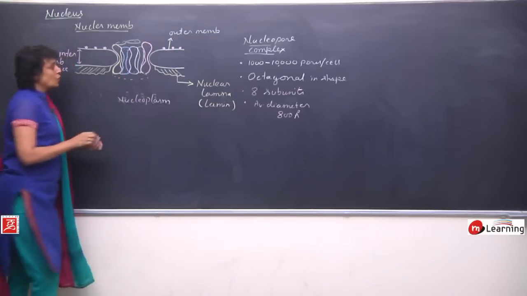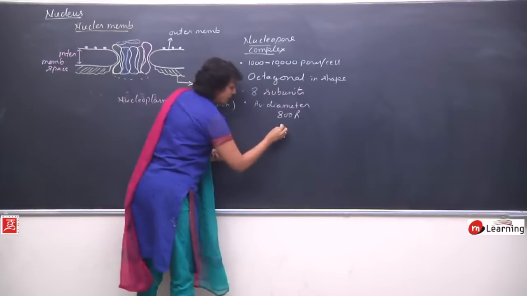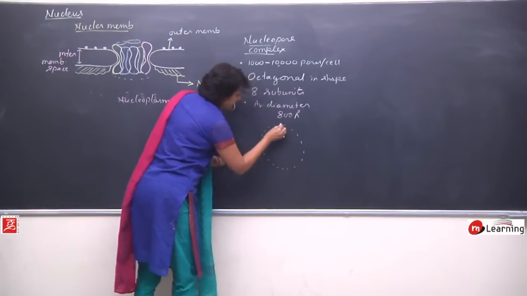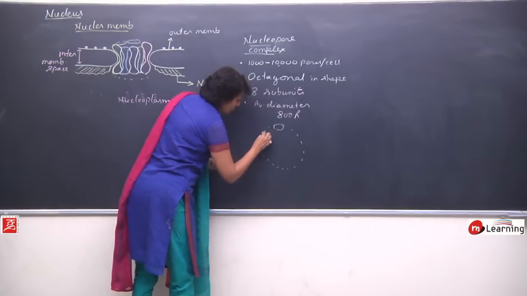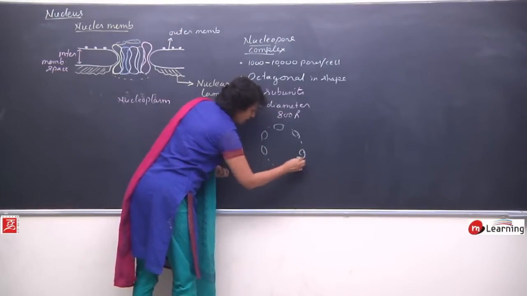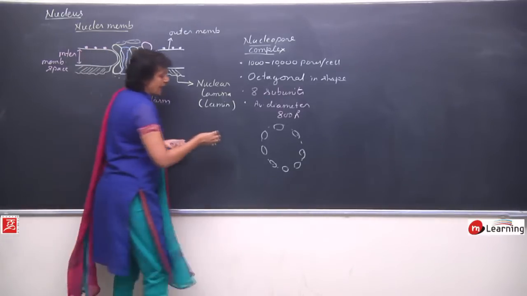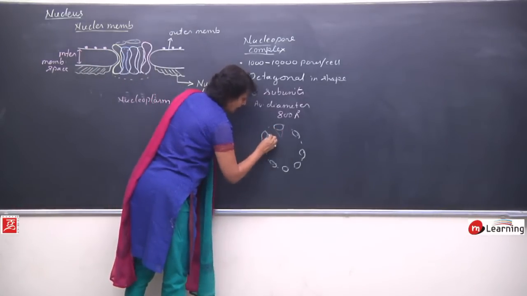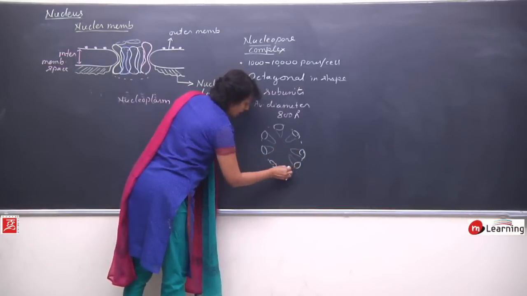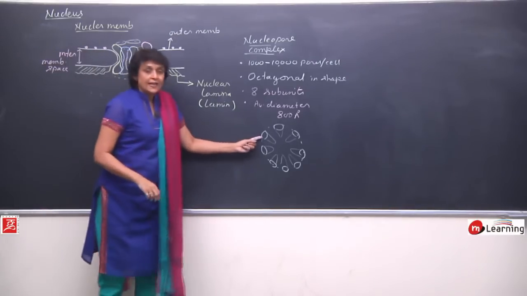And so total 8 subunits. If we look at the pore from the top, it would appear to have 8 such circular things. And from each one arises a spoke-like thing. So if you look at the pore from the top, it has a structure like this.